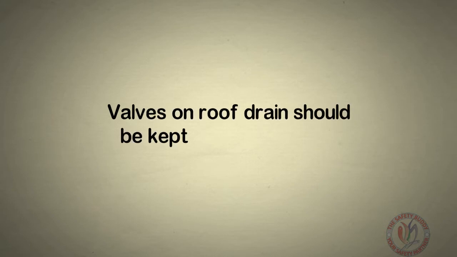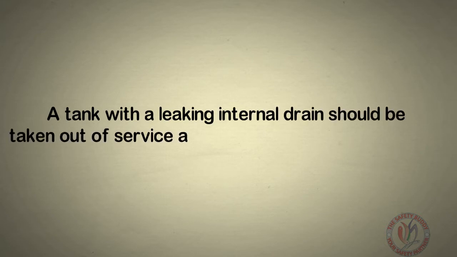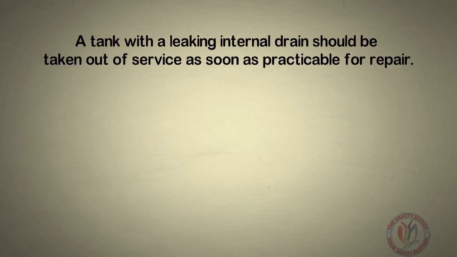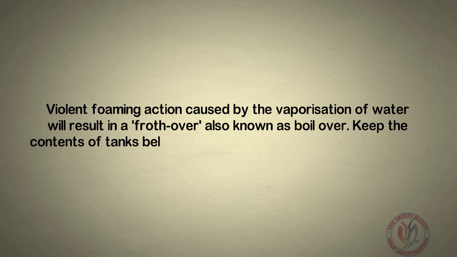Valves on roof drain should be kept open at all times. A tank with a leaking internal drain should be taken out of service as soon as practicable for repair. Violent foaming action caused by the vaporization of water will result in a froth over, also known as boil over.